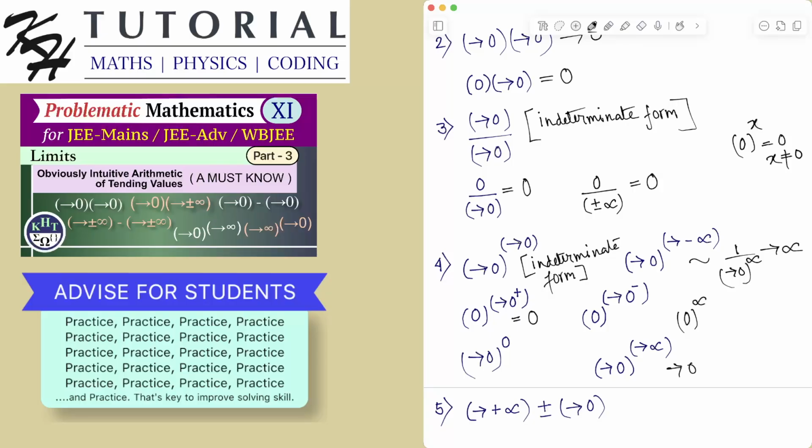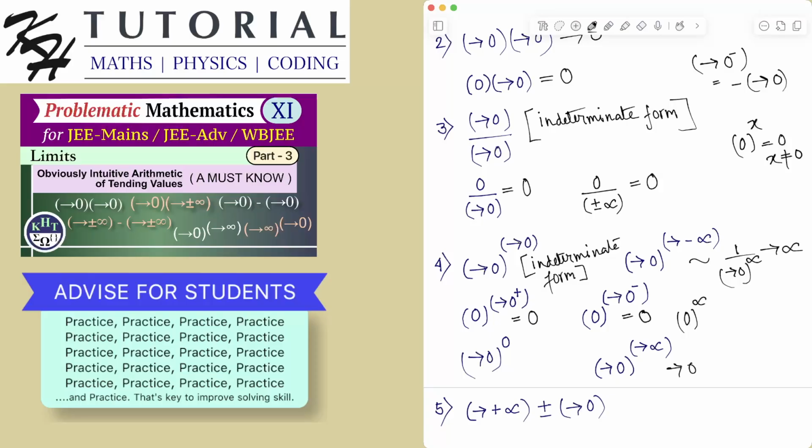Similarly, 0 raised to the power a value tending to 0 negative. What is tending to 0 negative? I can equivalently write tending to 0 negative as negative of tending to 0.